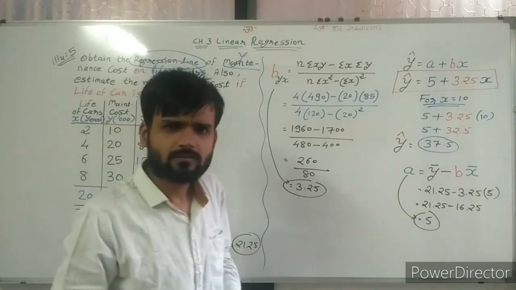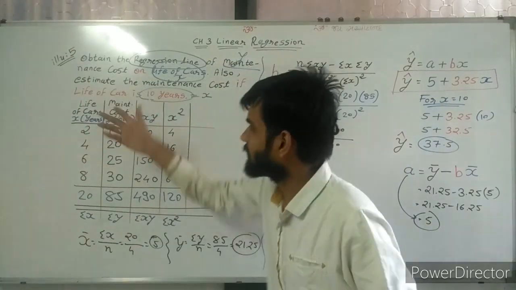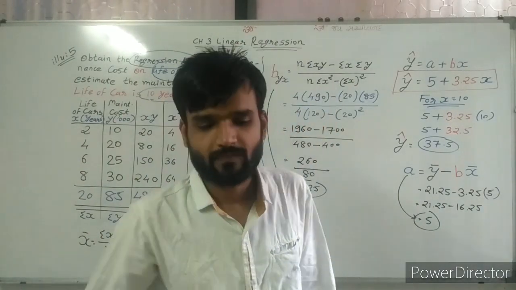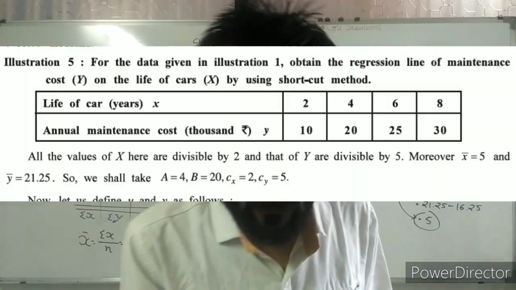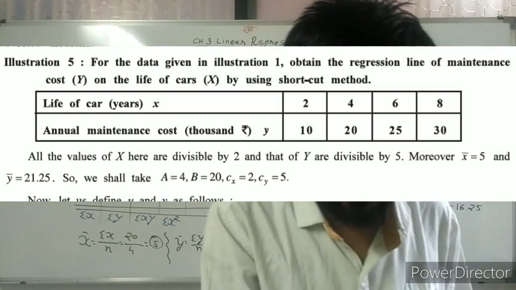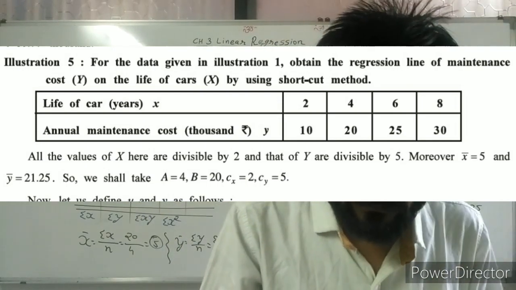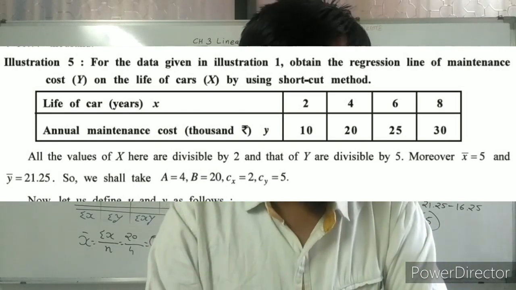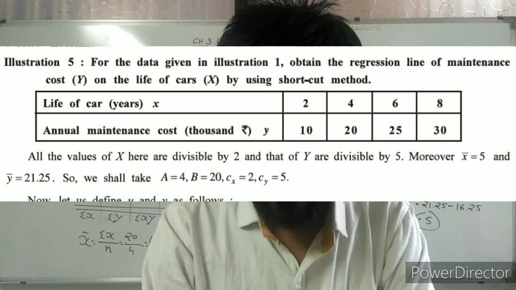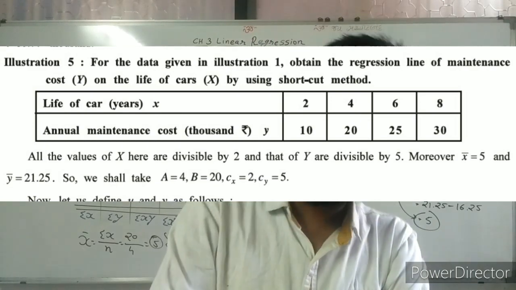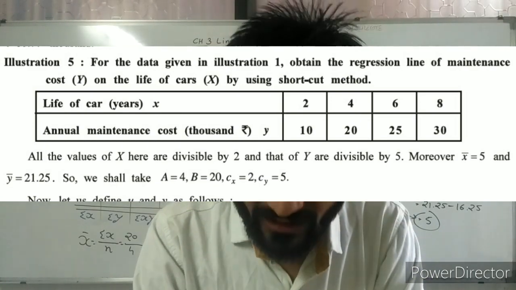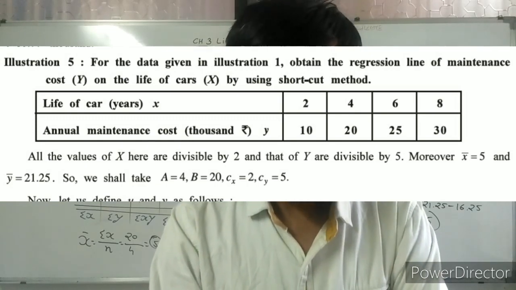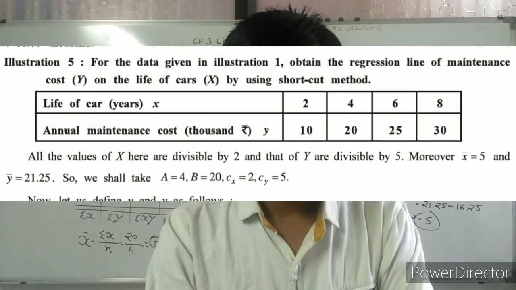So what is in that sum? Same sum, no change is there. The question is the same. I am reading the question so that you can understand very easily. For the data given in illustration number 1, obtain the regression line of maintenance cost on life of cars by using the shortcut method.